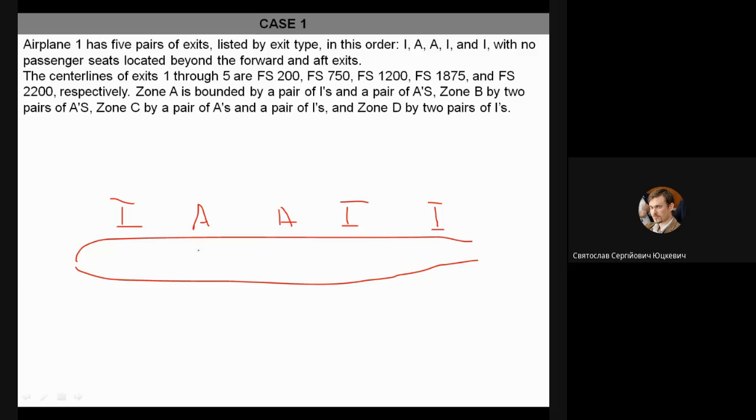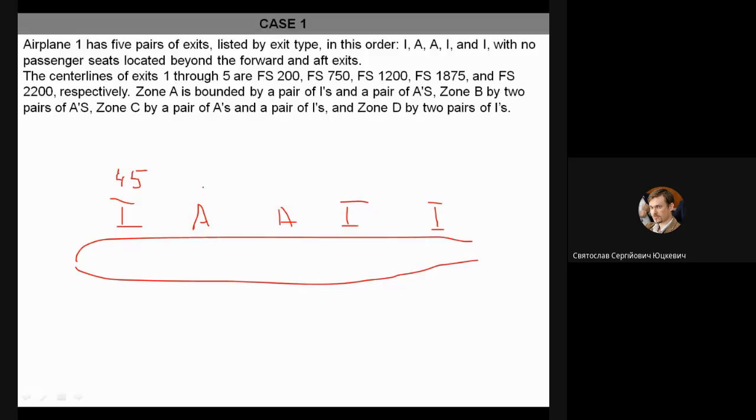So 5 pairs of doors. Who could recall for me what is the number of passengers, or rating of the door, for type 1? 110 maybe. For type 1? 45. 45, thank you. For type A?